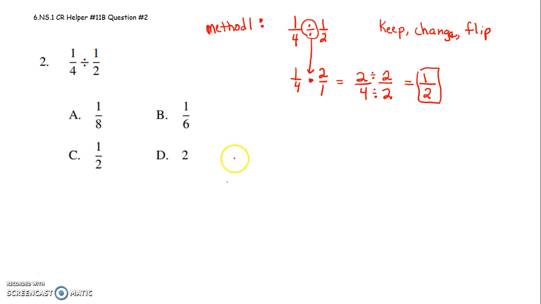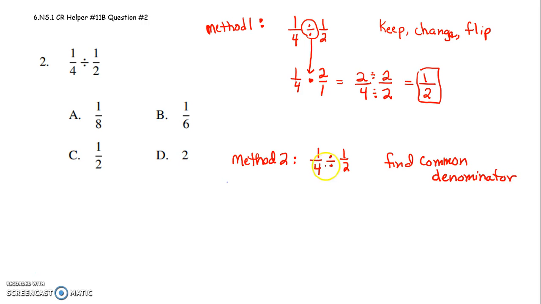All right, method 2. Some of you really like to find a common denominator. So if you have 1/4 divided by 1/2, you could find a common denominator. What finding a common denominator allows you to do is divide straight across the top, straight across the bottom.